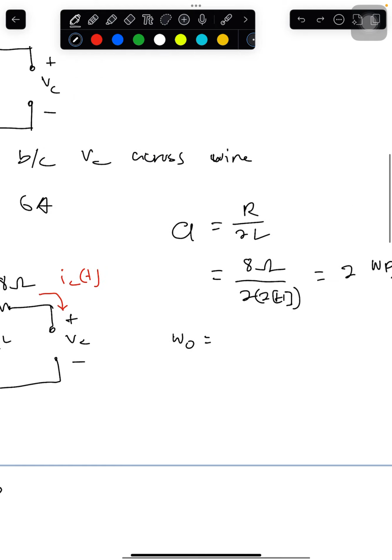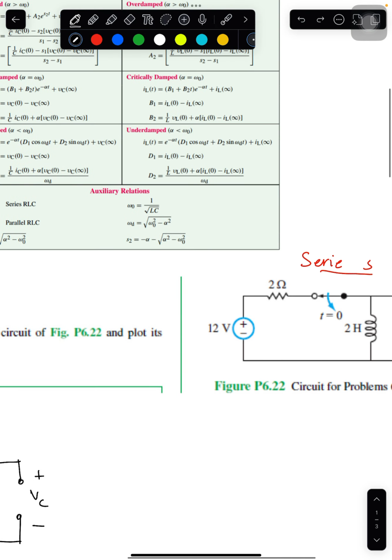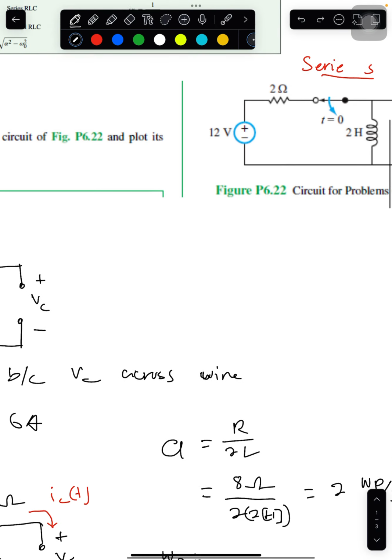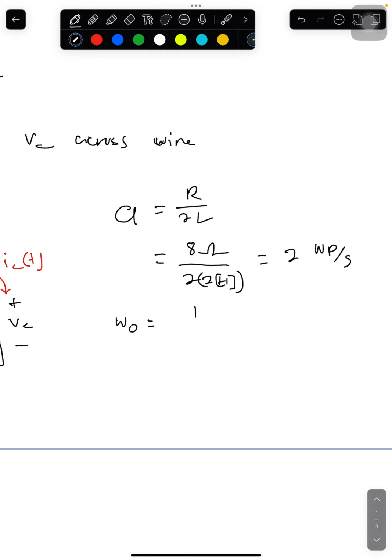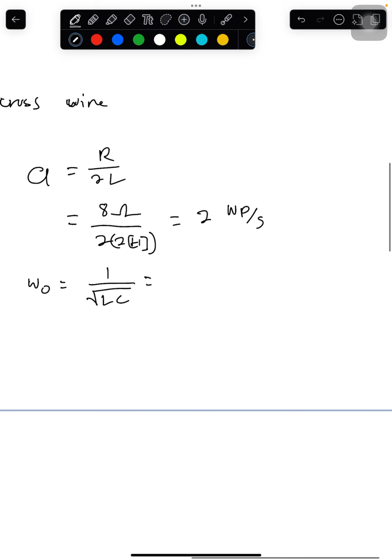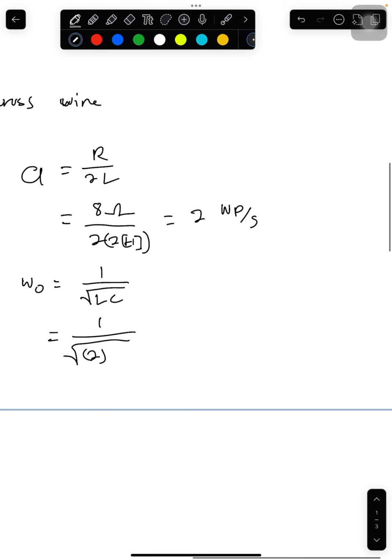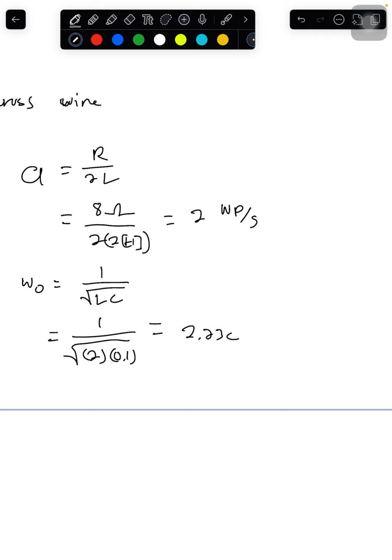And that's literally going to be 1 over the square root of LC. The capacitor value is 0.1 F, and you plug that into the calculator, and it equals 2.236.